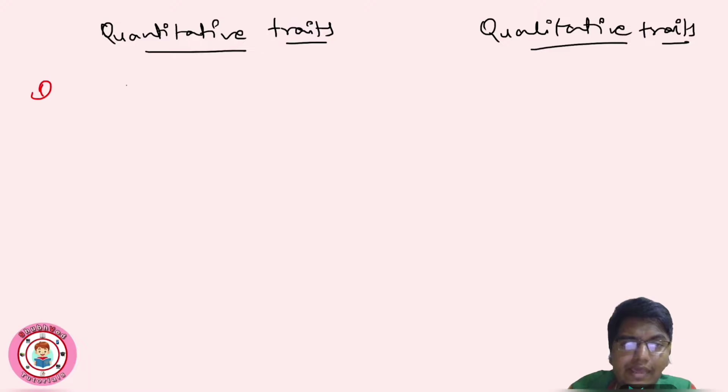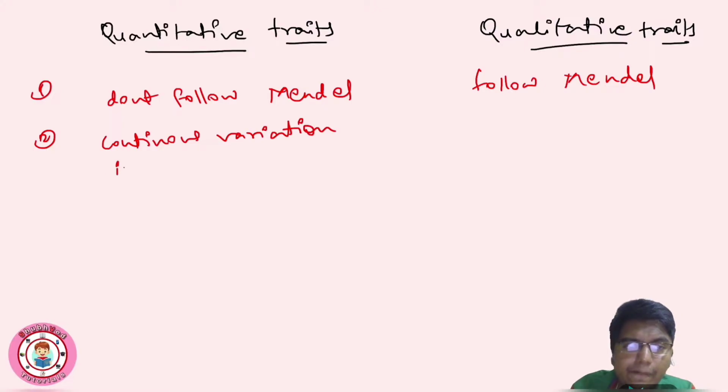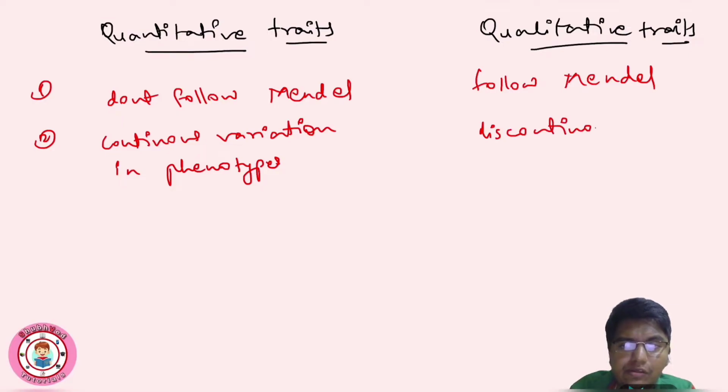The first point can be written as: qualitative traits follow Mendelian inheritance, or we can say Mendelian laws; quantitative traits don't follow Mendel. The second point: here it will be continuous variation in phenotypes, and in qualitative there is discontinuous variation, or we can say discrete phenotypes are seen.